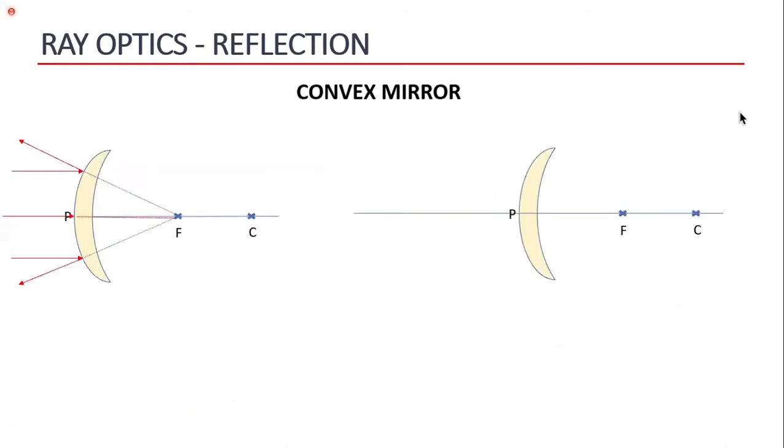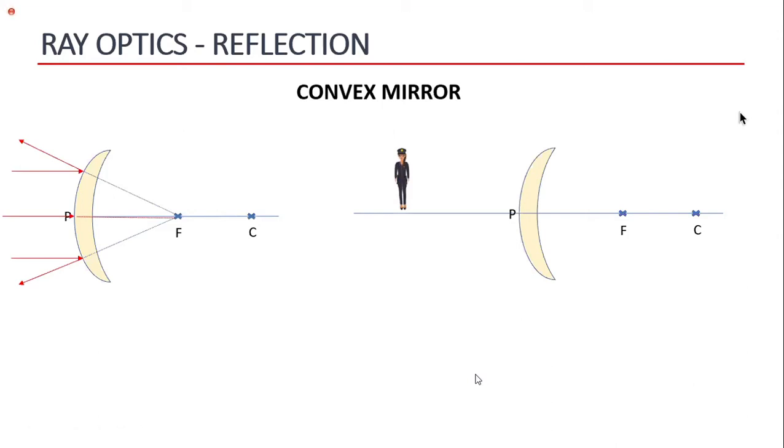Next, convex mirror. Convex mirror, we will take the first condition. The rays are coming from infinite position, so we know they will meet at your focal point.